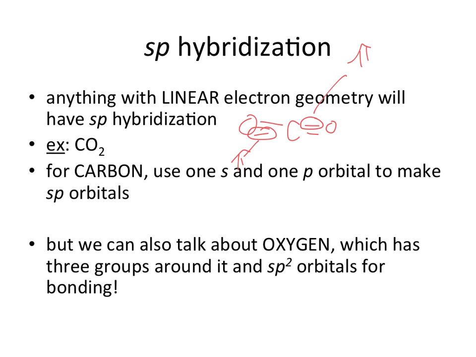So we have our pi bonds, we have our sigma bonds, as we would anticipate. So sp hybridization is going to be associated with linear geometry, and usually be accompanied by triple bonds or multiple sets of double bonds.